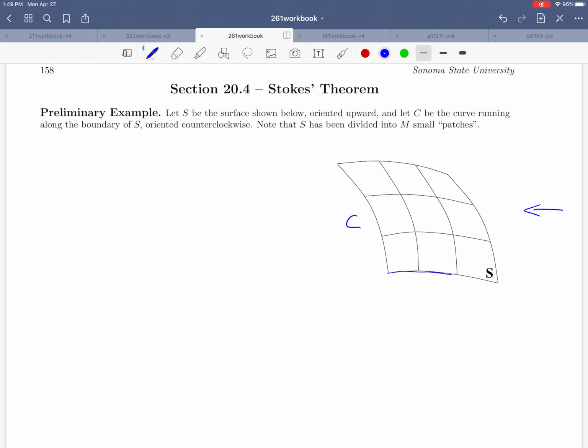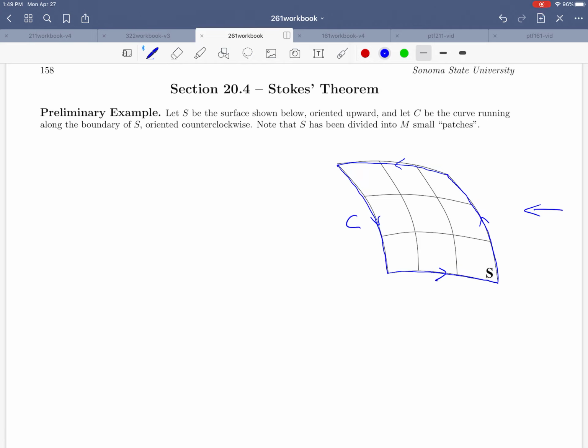And it's oriented, so I'm going to draw it in blue right here. This is C, and it's oriented counterclockwise. Counterclockwise for us is going to be in this direction, and so the area vector of S would be pointing up.